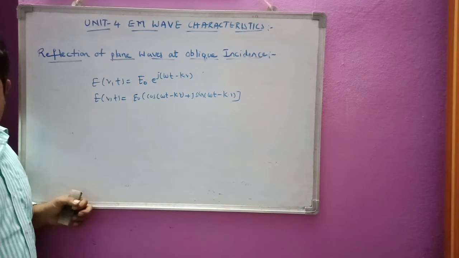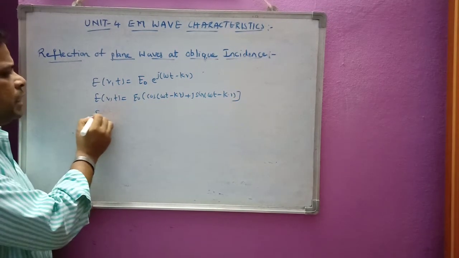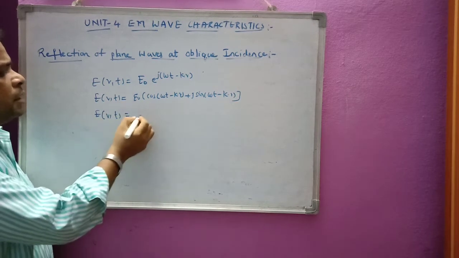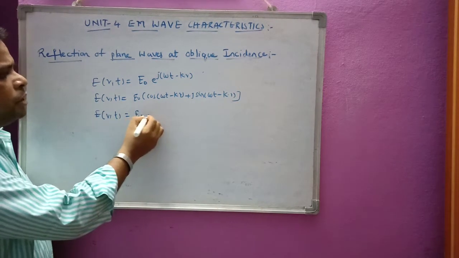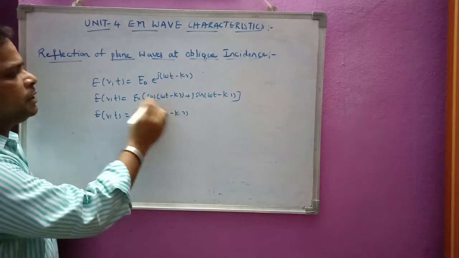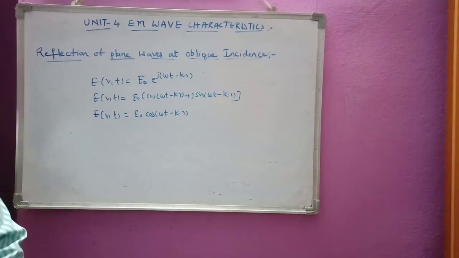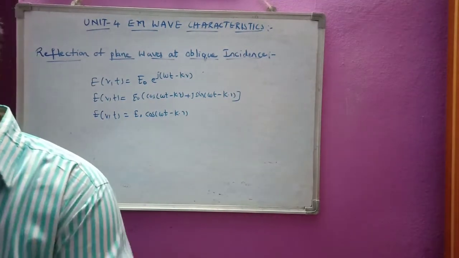The real part of this I can write as E(r,t) equal to E0 cos(ωt − k·r). Similarly the imaginary part I can write another way, where r is the radius vector here.